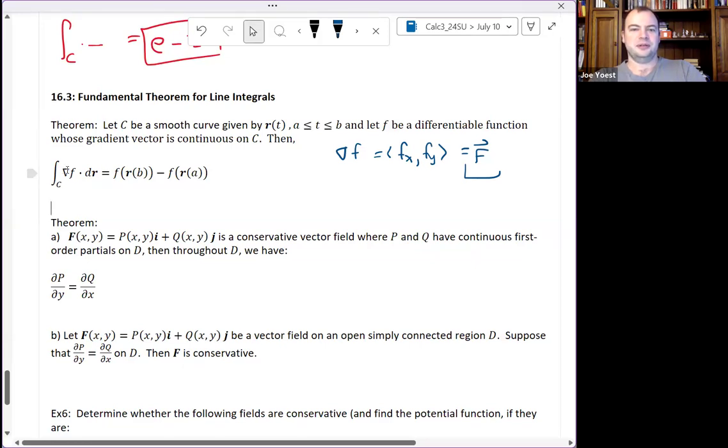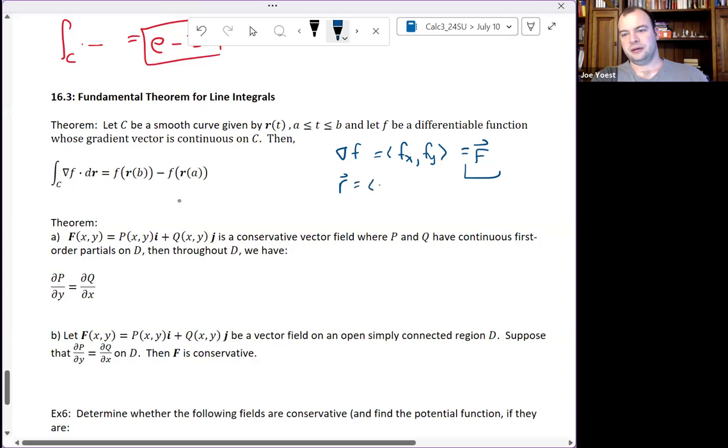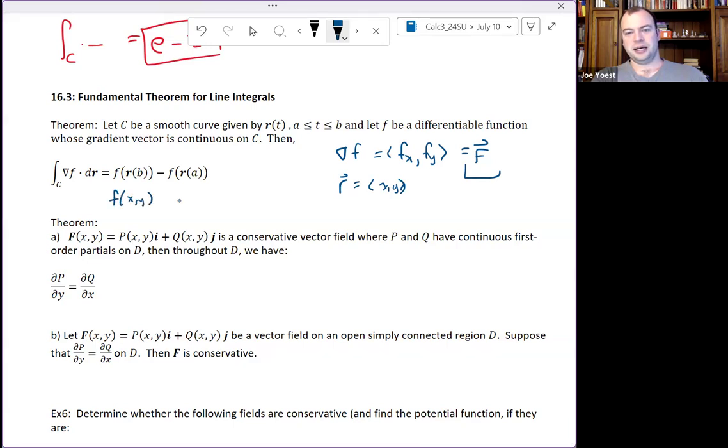So the integral over our curve, grad f dot dr, is just f of r of b minus f of r of a. Right? r is like x comma y, so this is kind of like f of x comma y at b, minus f of x comma y at a.